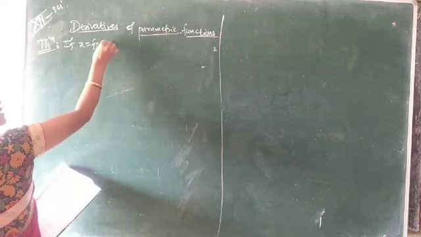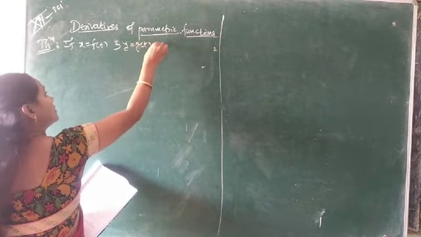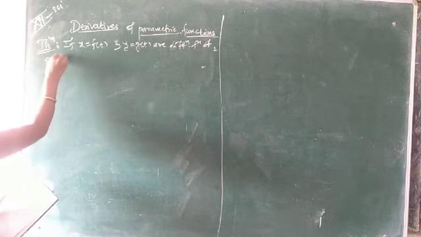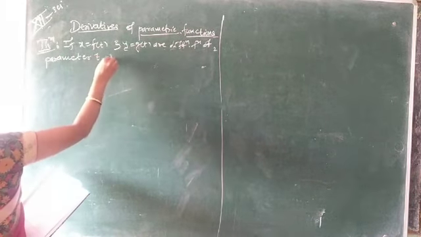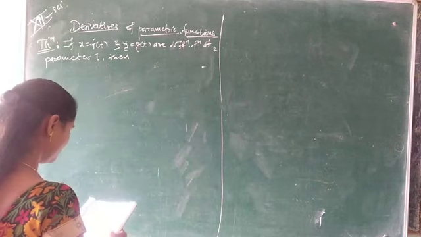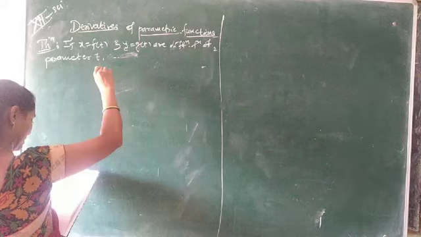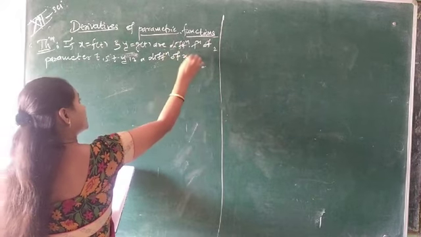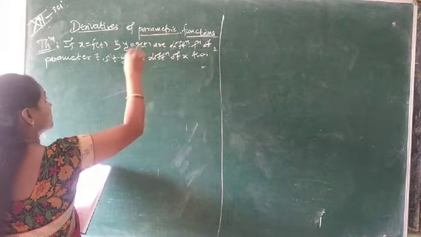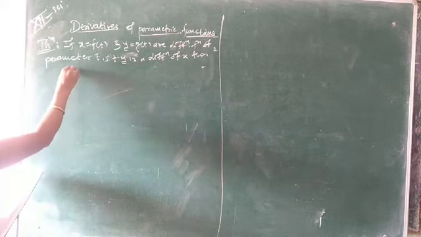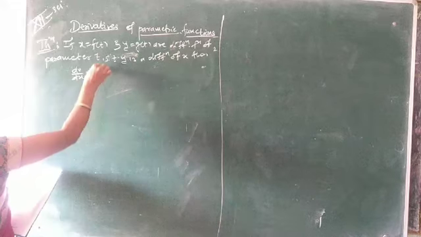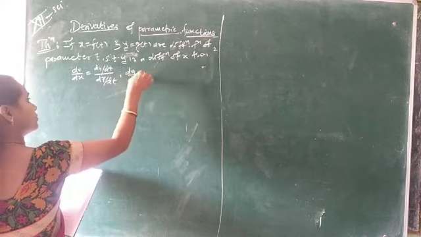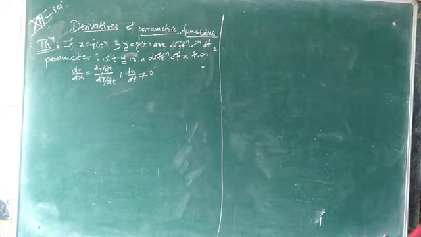If x is equal to f of t and y is equal to g of t are differentiable functions of a parameter t, then y is a differentiable function of x, and dy upon dx is equal to dy upon dt divided by dx upon dt, provided the denominator dx upon dt is non-zero. Now we see the proof of our theorem.